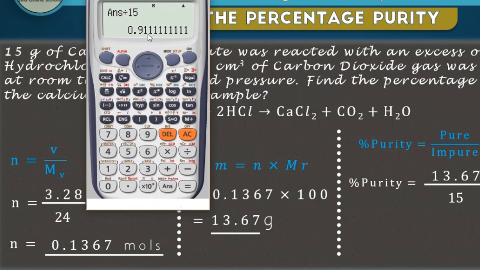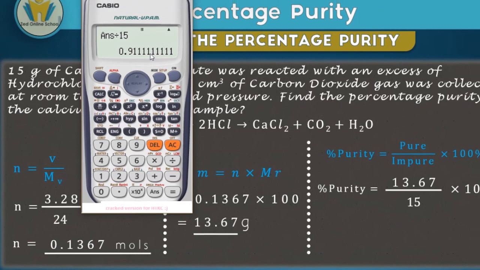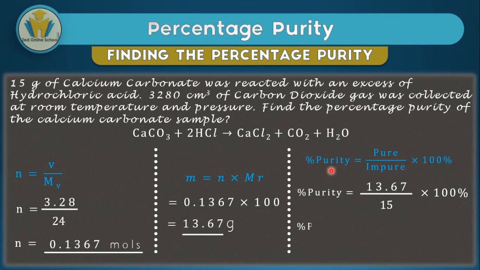As you can see, this answer differs from the previous one we had. It was 0.913333. I hope you wrote it somewhere so that you make this comparison. When I'm doing those calculations, I used the most accurate numbers possible, and I had 0.911. You saw how I did it. Multiplied it by 100 and got the percentage purity as 91.11%.